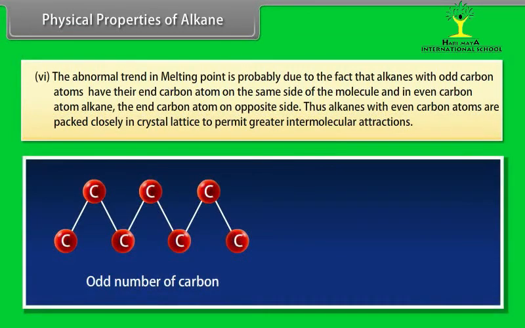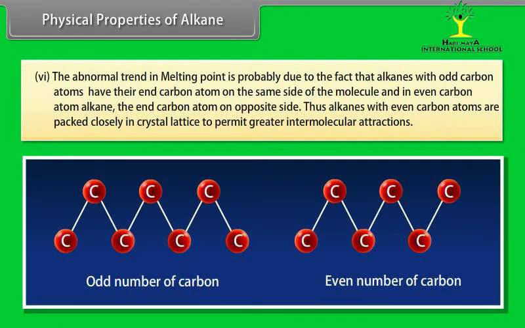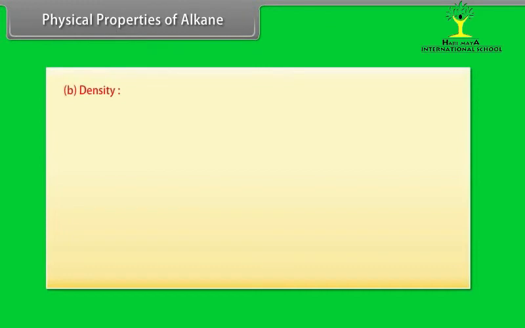The abnormal trend in melting point is probably due to the fact that alkanes with odd carbon atoms have their end carbon atoms on the same side of the molecule, and in even-carbon alkanes the end carbon atoms are on opposite sides. Thus, alkanes with even carbon atoms are packed closely in the crystal lattice to permit greater intermolecular attractions.